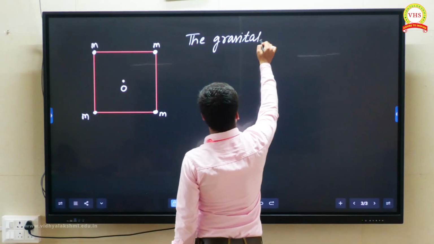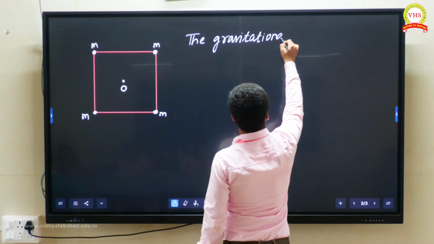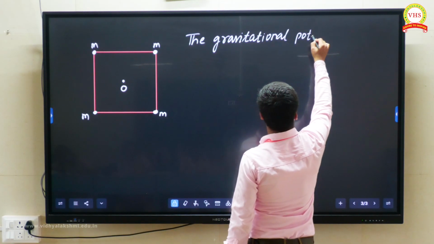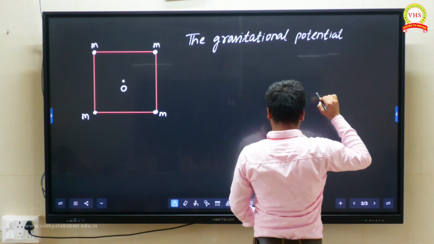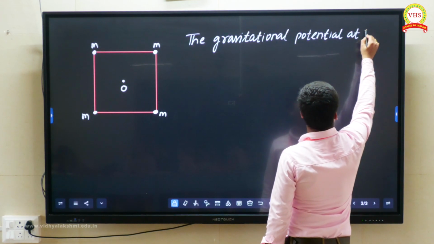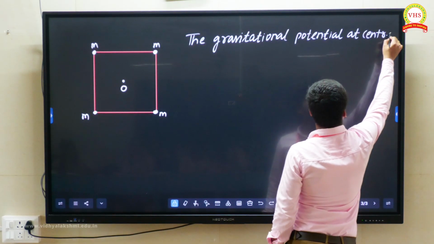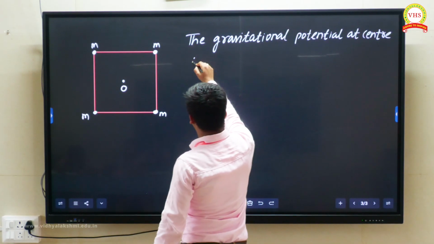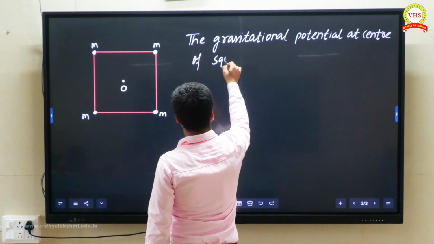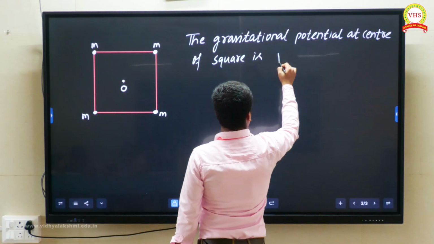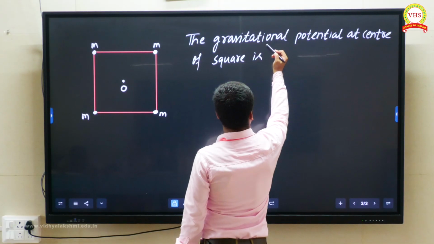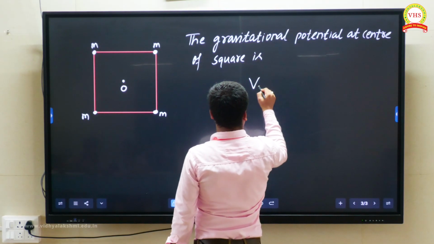So the gravitational potential at center of square, V naught basically, right?